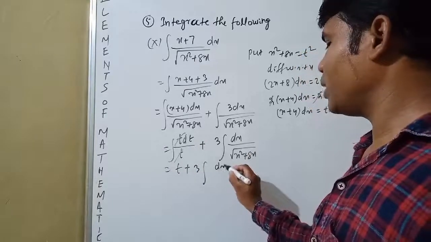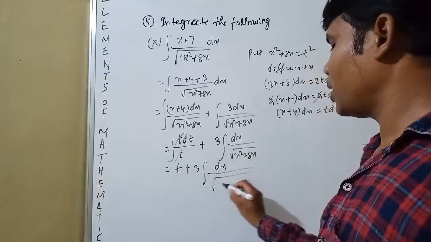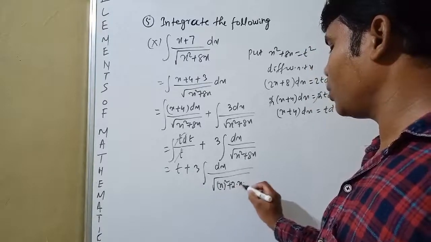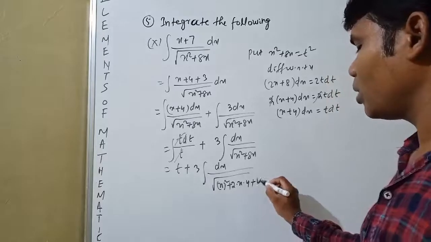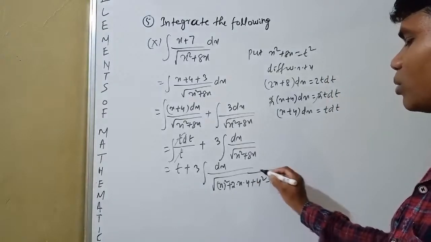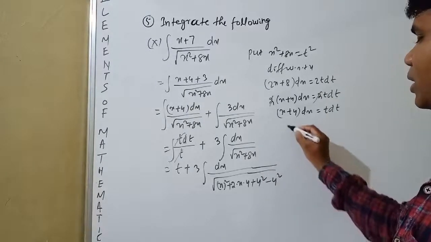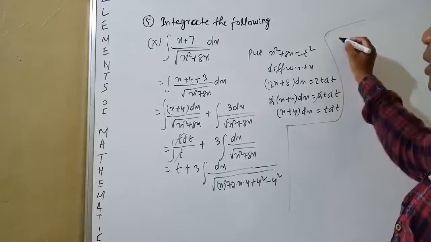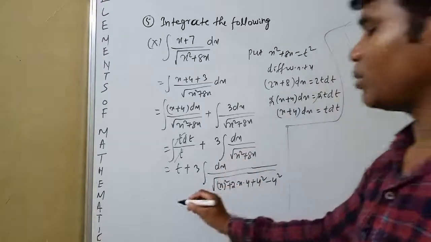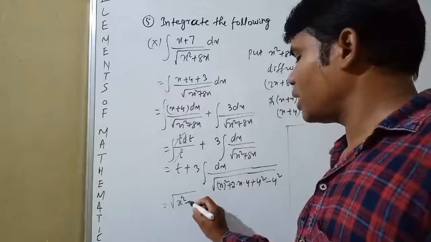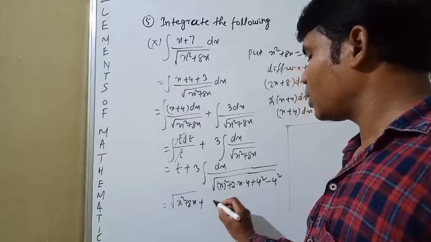Here you see dx by root over x square plus 2 into a into b, that is 8x, b is equal to 4, that is 4 square. Again you take minus 4 square, so that the value cannot be changed. Okay, you say t is equal to root over x square plus 8x, plus 3.